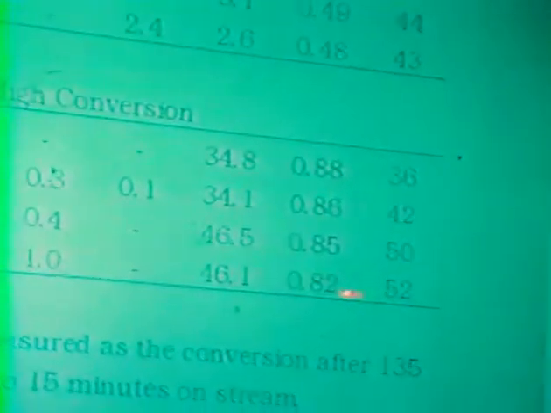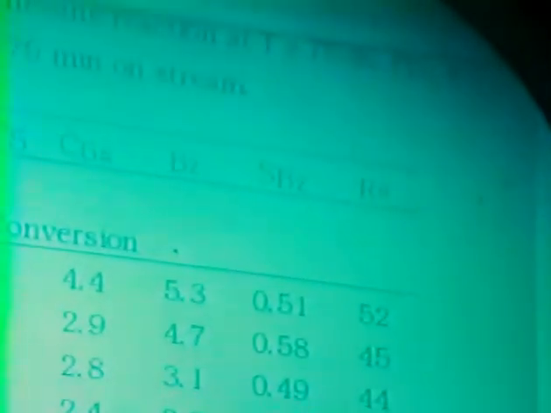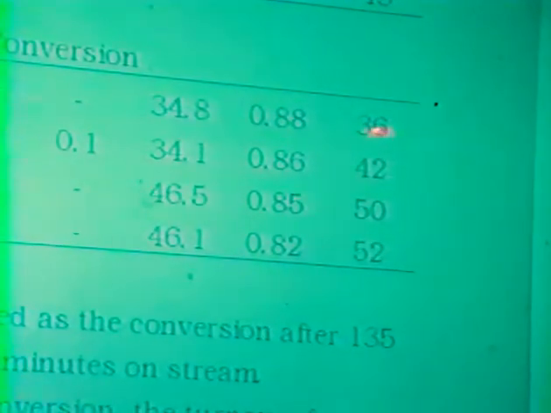On the other hand, if we look down here at high conversions, the selectivity is not being much affected by adding the nickel. It drops from 90% down to about 88 to 82%. But what is changing is the stability against this self-poisoning by carbon.